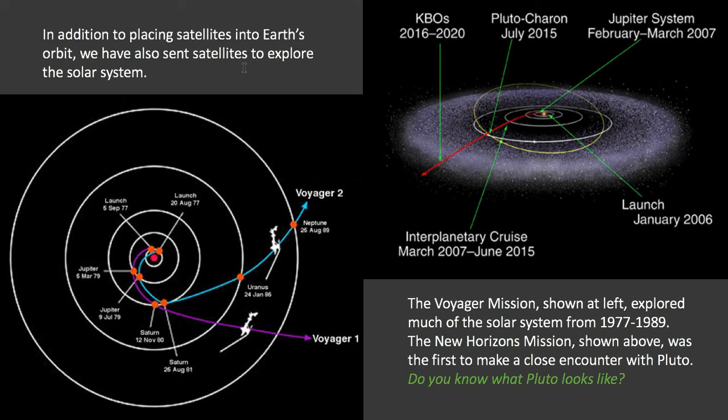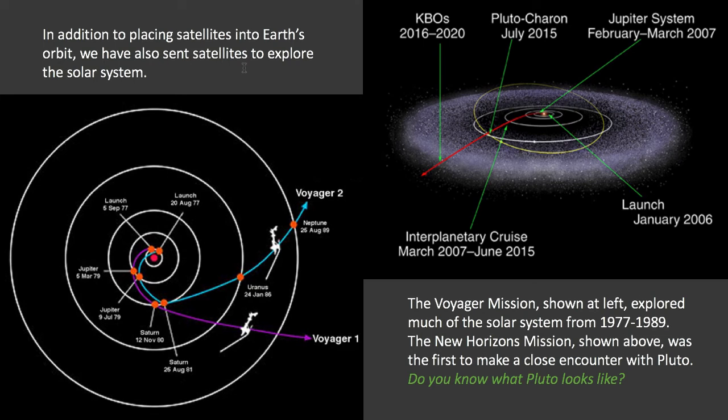The first solar system exploration mission was called the Voyager mission. It was launched in 1977, and continued for the next decade plus into 1989. And there were two sent, Voyager 1 and 2, and they were sent on paths to kind of intersect with all of the outer planets.